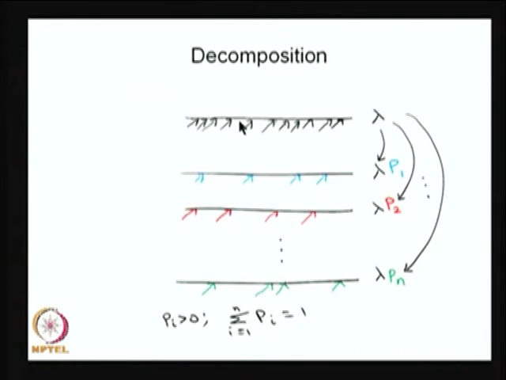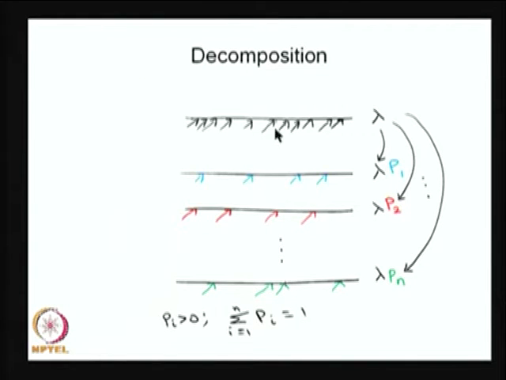So, one Poisson stream can be split into n Poisson streams with the parameters lambda times P1, lambda times P2, and so on, where each P is greater than 0 and the summation of the P's has to be 1. That means these are all probabilities. With these probabilities, you can split one Poisson stream into many Poisson streams. So, here I have made n Poisson streams.